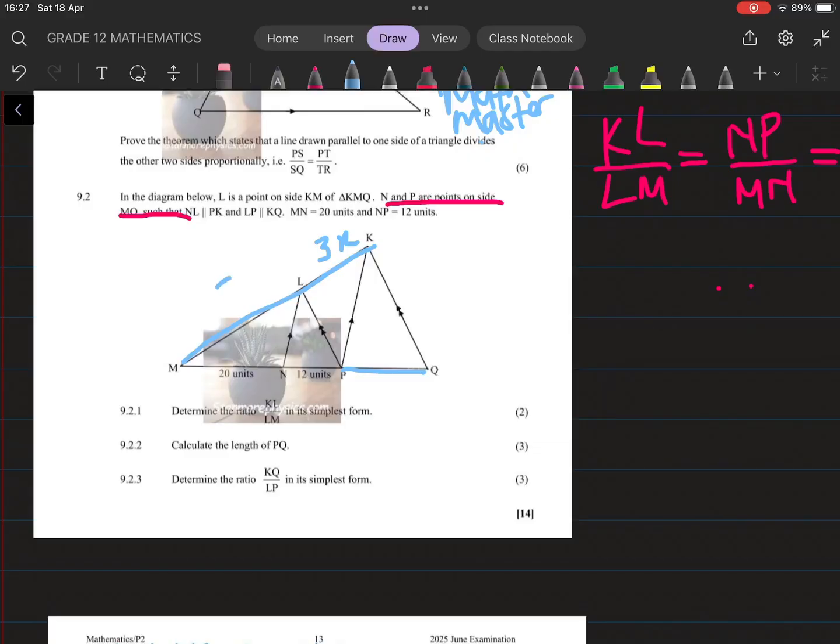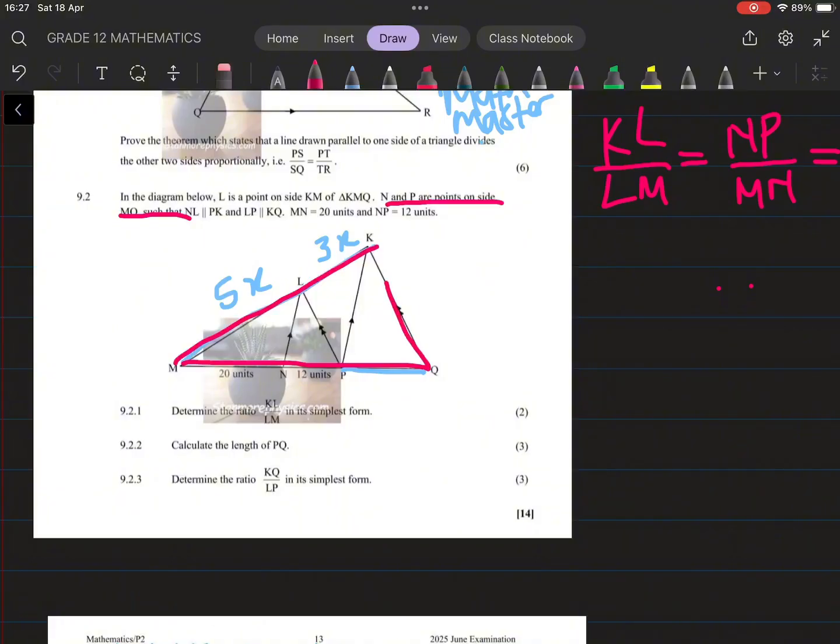However, we have that KL divided by LM is 3 over 5. Then we can say let KL be 3x and LM be 5x, because we don't know the actual value of x, but we know that the sides are in proportion.